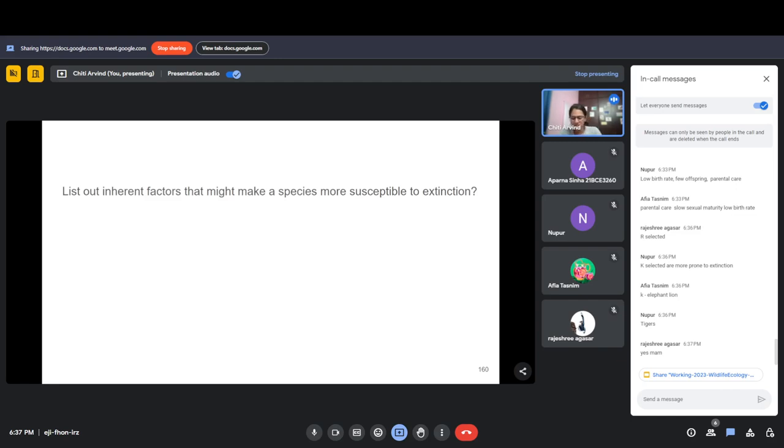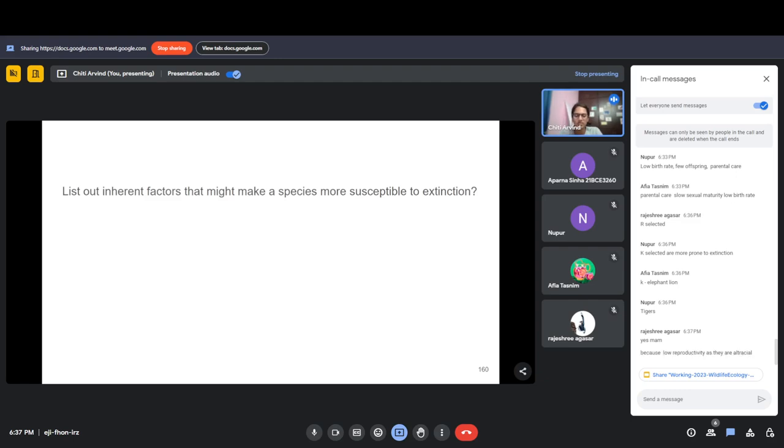So if you imagine an elephant versus a squirrel or a lizard, these small organisms that lay hundreds of eggs, as opposed to an elephant that reproduces maybe once in every couple of years, right? The extinction probability of a larger animal, which is a K selected species, is much higher than an animal that is an R selected species that has a very high reproductive capacity.